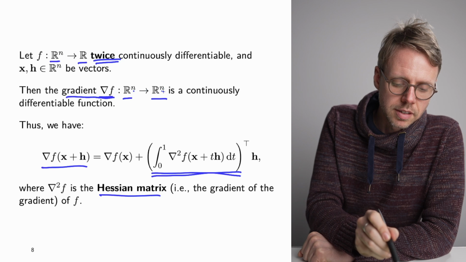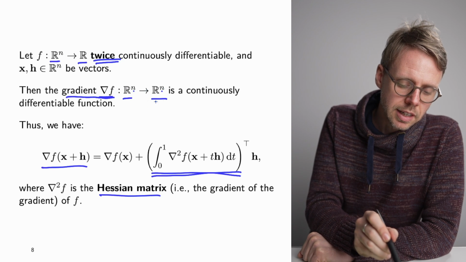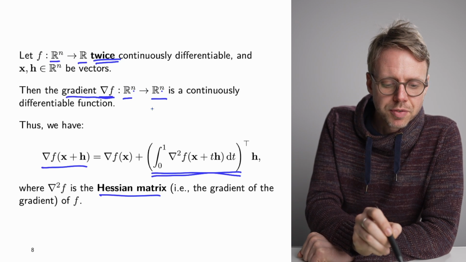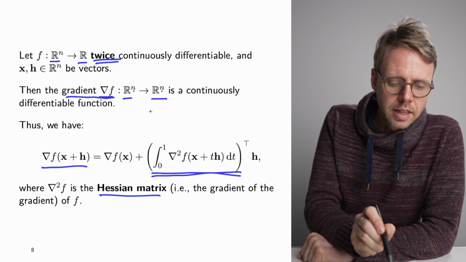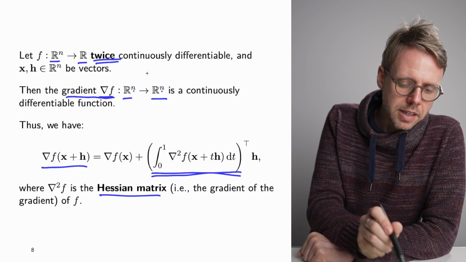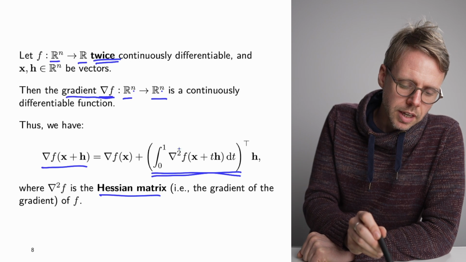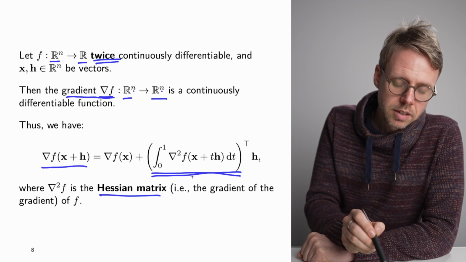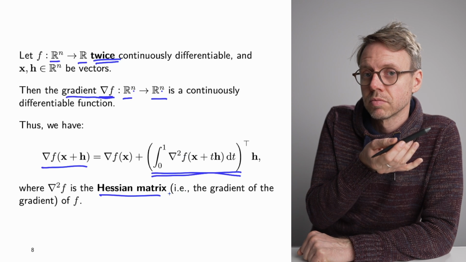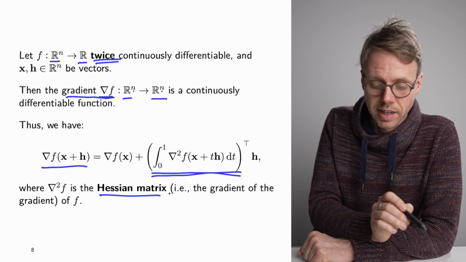So it has the same input and output dimensions, but it is still, as before, a vector-valued function. And because f is twice continuously differentiable, we can compute the Hessian matrix, which is the Jacobian of this vector-valued function.